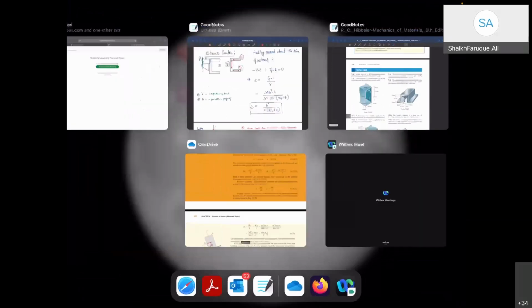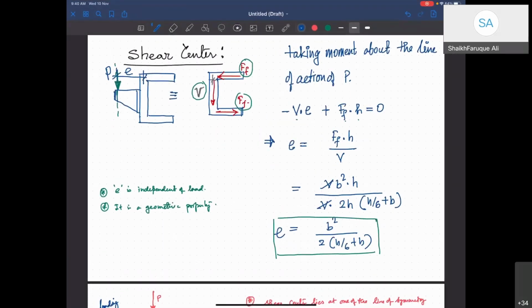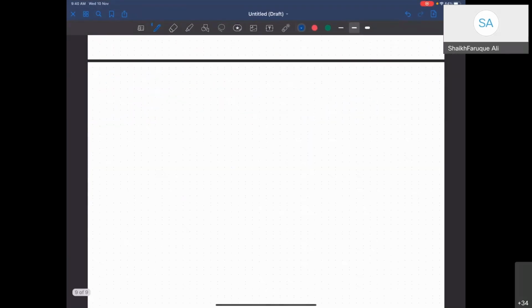Now let's go back and look a little bit into unsymmetric bending, since this is the last class. Okay, unsymmetric bending.